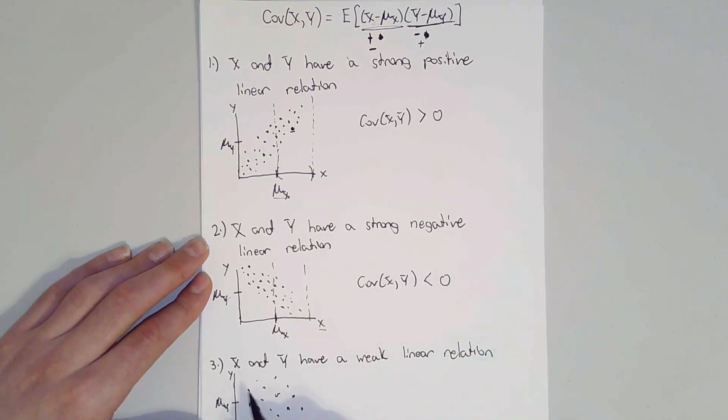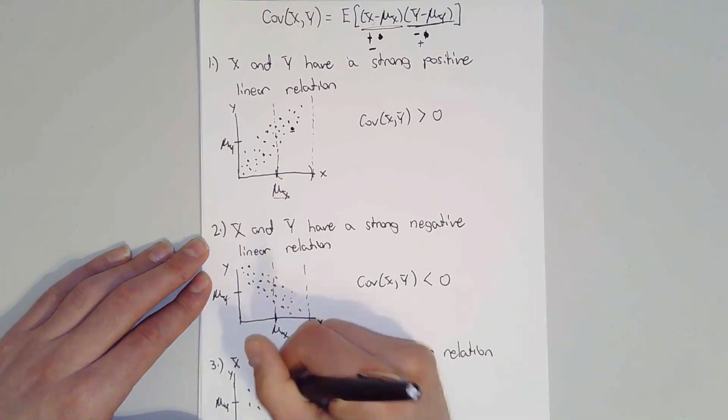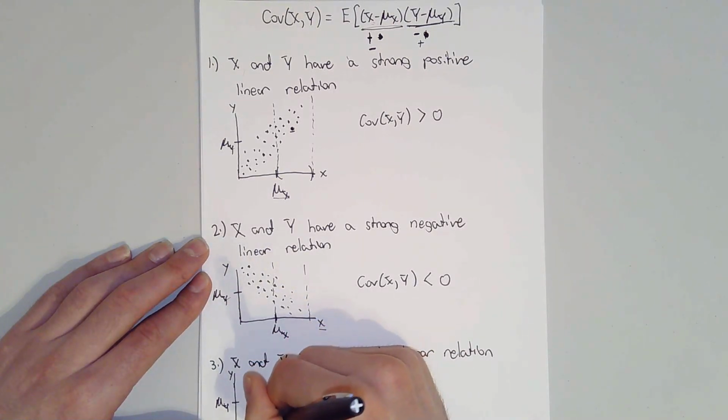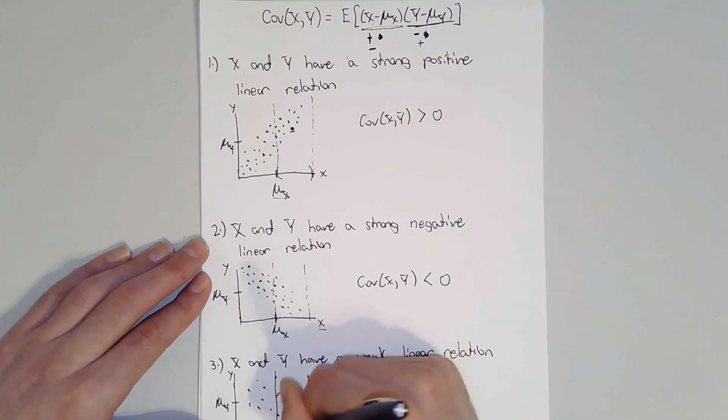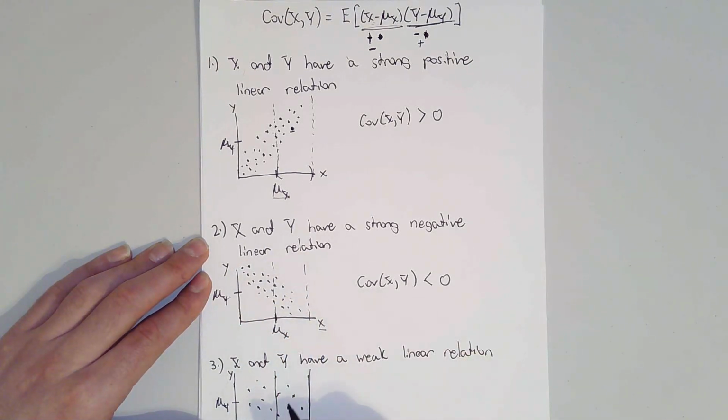Finally, in the case that capital X and capital Y have a weak linear relation, there is no relationship between them. Restricting ourselves to points that have x-coordinate above mu sub x doesn't tell us anything about what the y-coordinate should be. In other words, the y-coordinate is just as likely to be above mu sub y as it is to be below mu sub y.